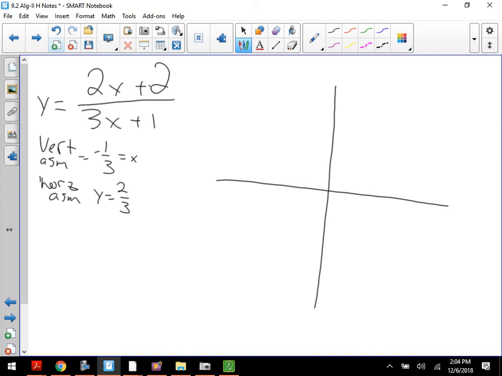Anyway, vertical asymptote, x equals negative 1/3. Horizontal, 2/3. I want to show this one because I know that sometimes we all tend to freak out when we see fractions.